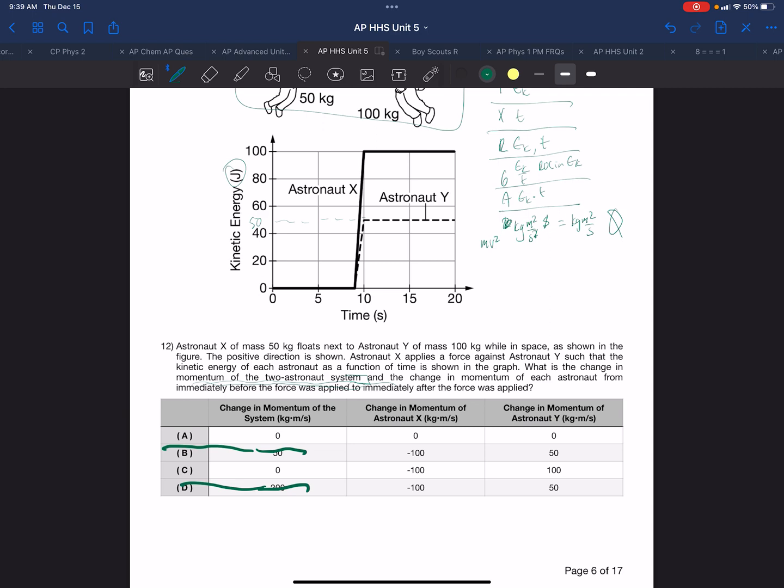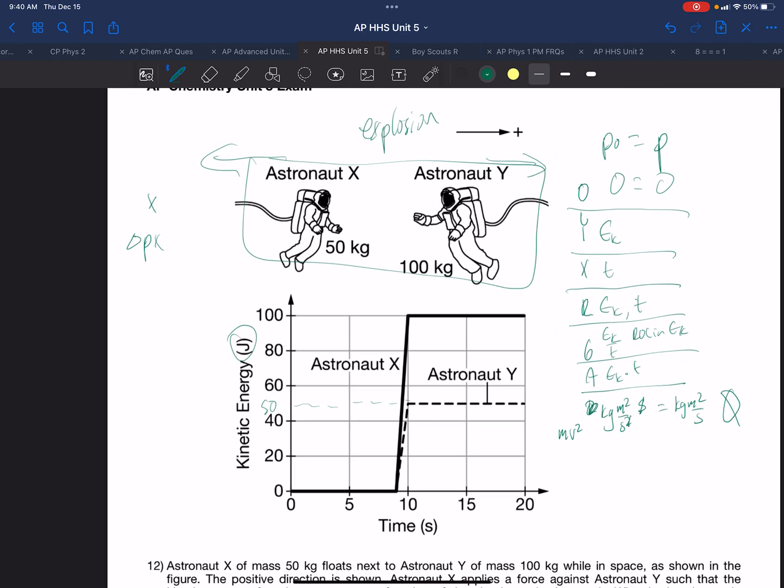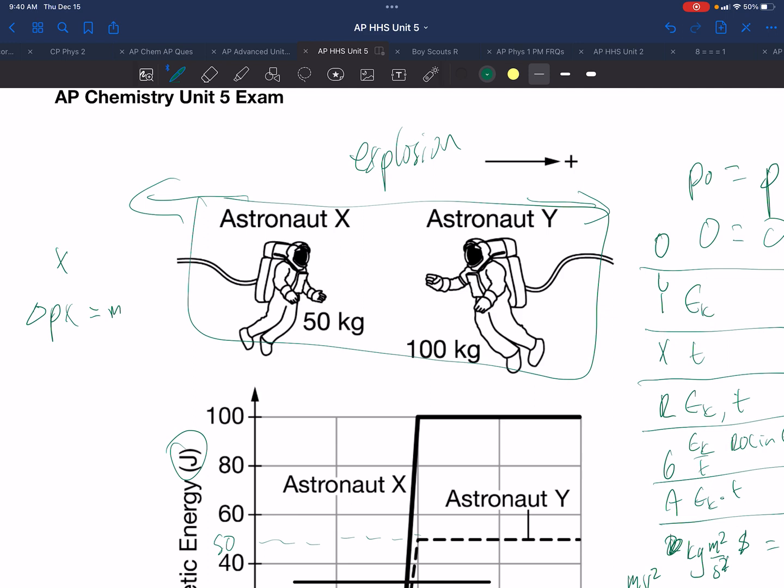Now we know the change in momentum of each astronaut. If we want to know the change in momentum of X, it's going to be m delta Vx. And we know the mass is 50. And we need to know the change in velocity.